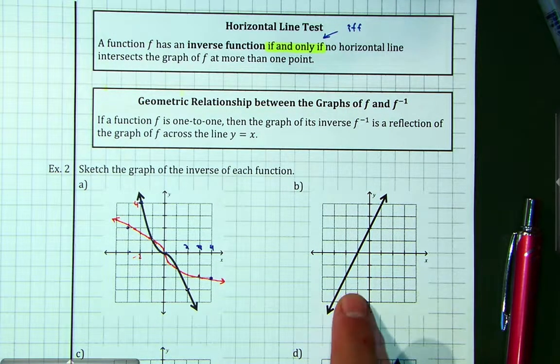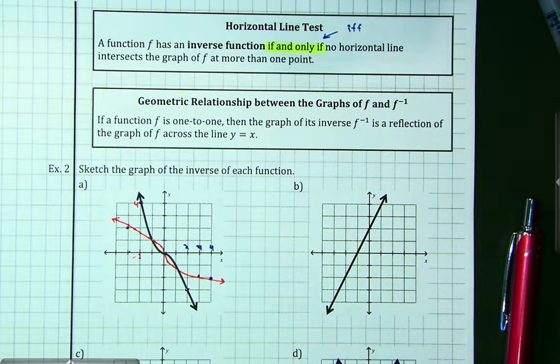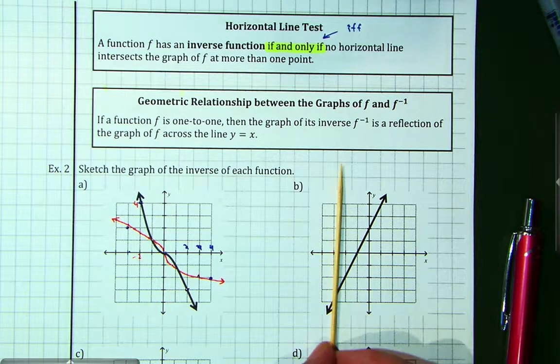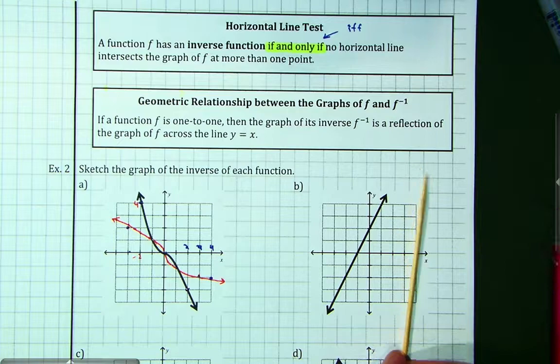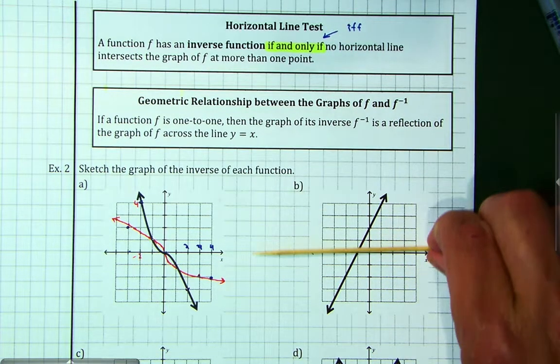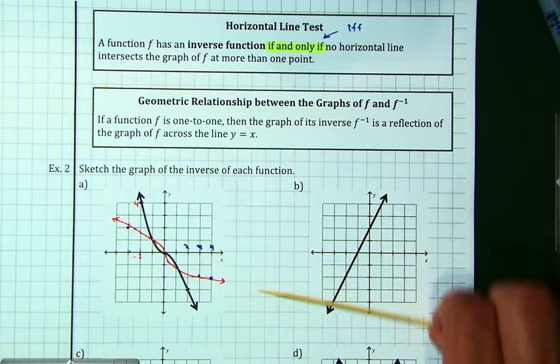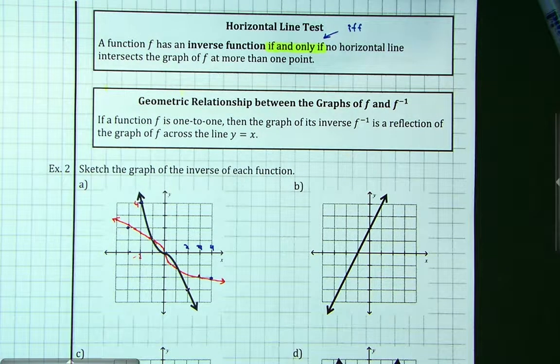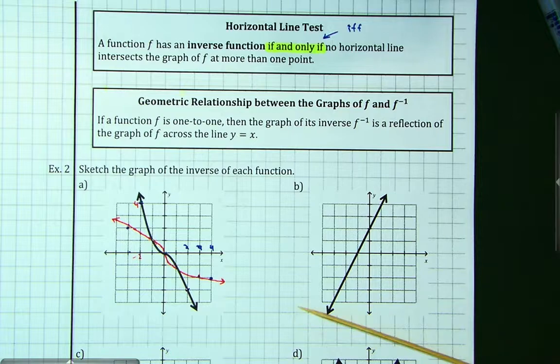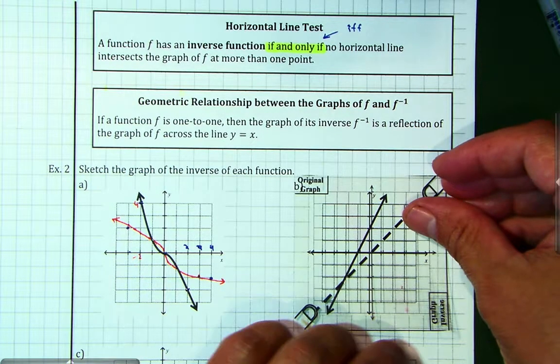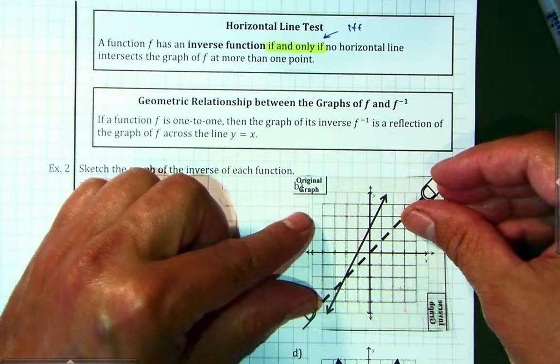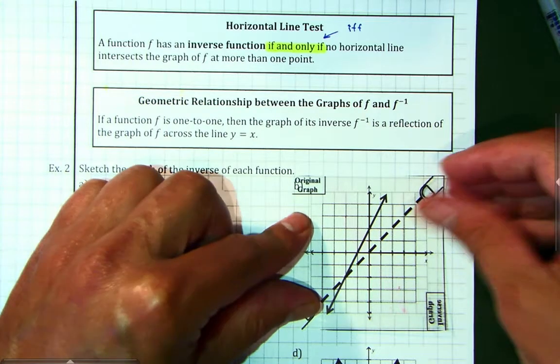So let's try the next one. First, is the graph a function? It is. Is the inverse a function? It only crosses once, so it is as well. So let's go ahead and sketch it. I'm going to place my original graph here. Let me see if I can do a better job lining them up nicely.